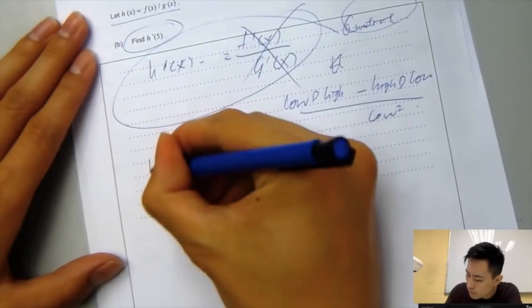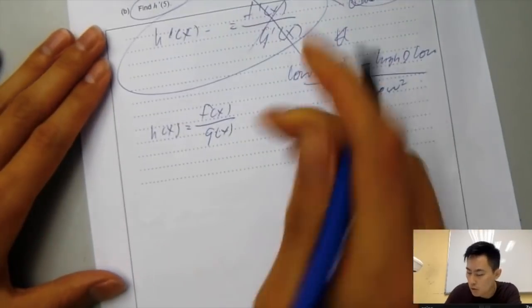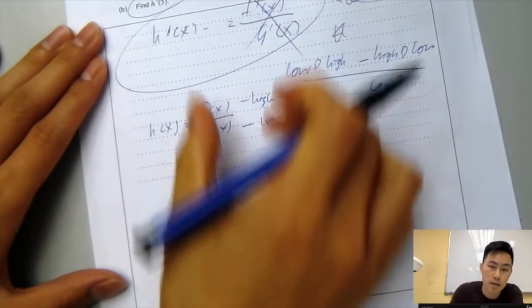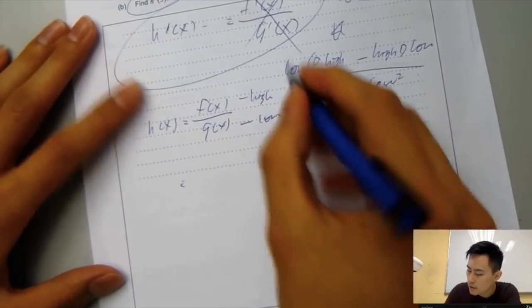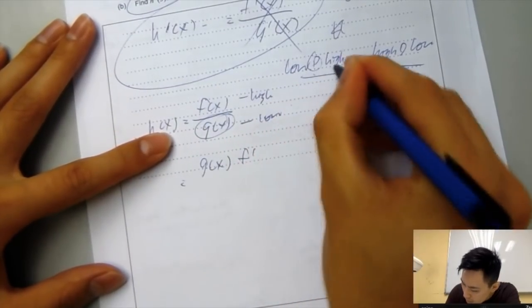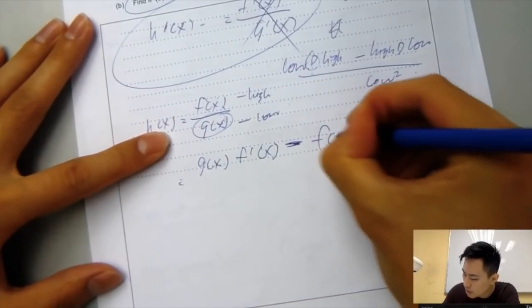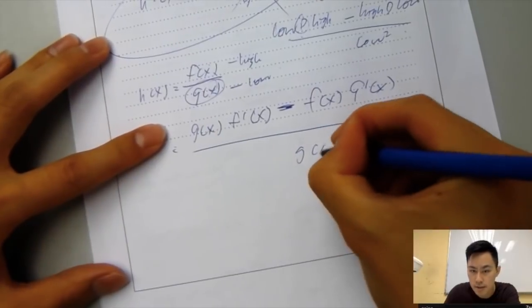Right now we write h(x) in terms of f(x) over g(x). This is what we define as low, and this is what we define as high, so the bottom and the top. Low d high means differentiate the top. So basically for low, you just copy the bottom, and then differentiate the top, d high, minus high d low, so d low is g prime of x, over low squared.